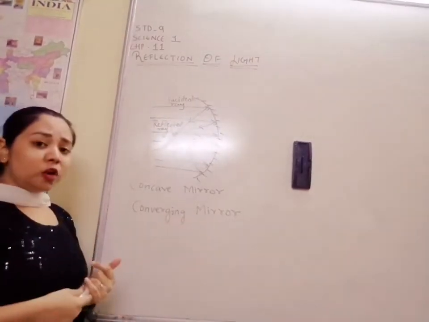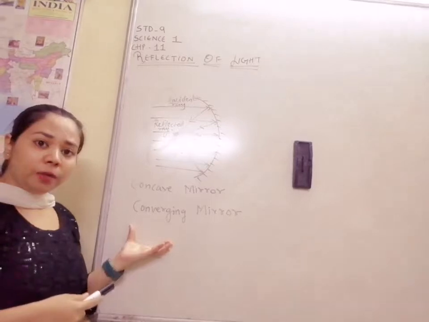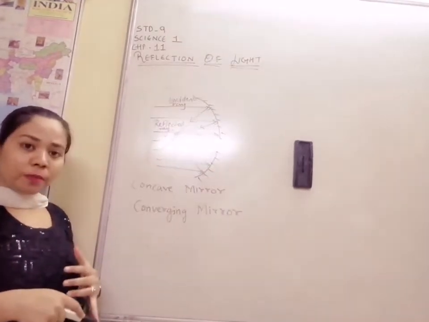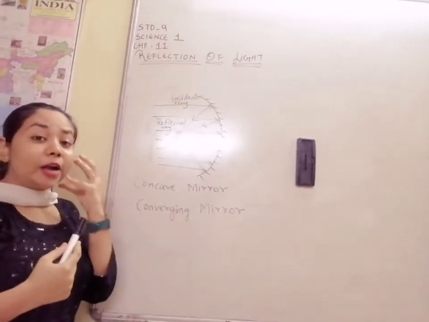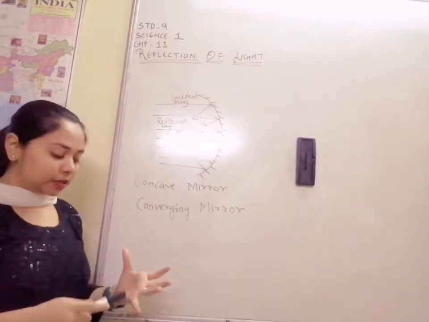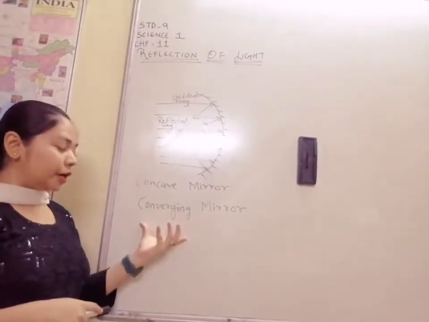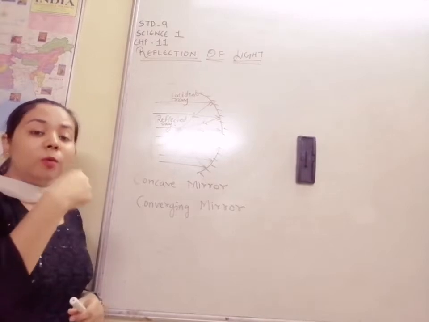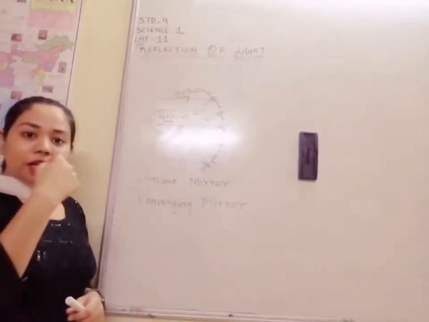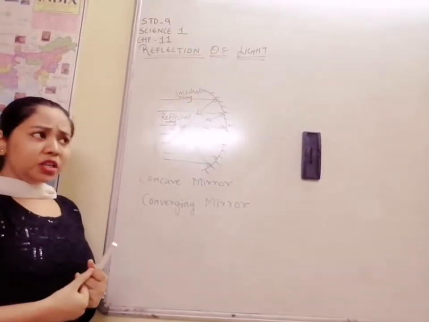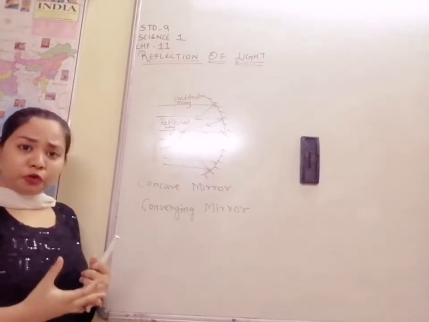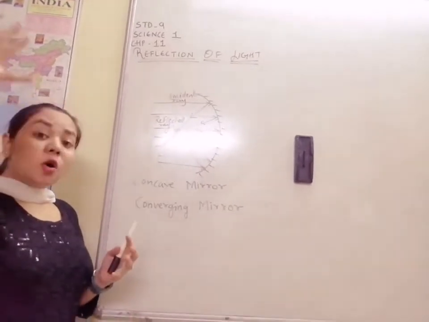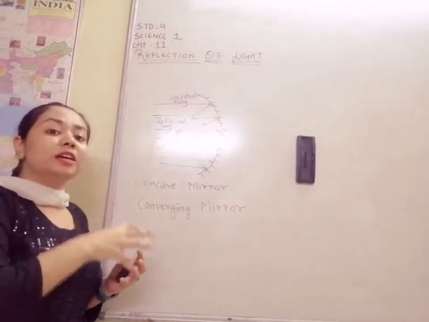Because of this, what are the uses of concave mirror? It is used in a barber shop to see at one particular point on a person's face. Also, dentists use this kind of mirror to converge the light on one particular place in the mouth. Then it is also used in solar instruments, where we need to focus all the rays of the sun at one single point.